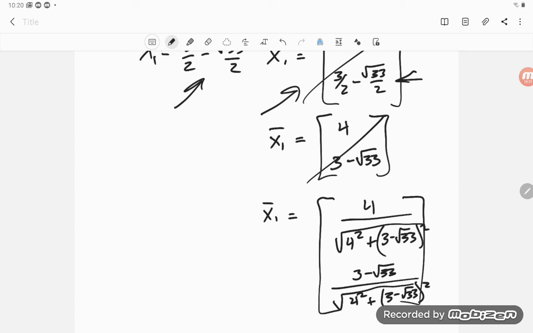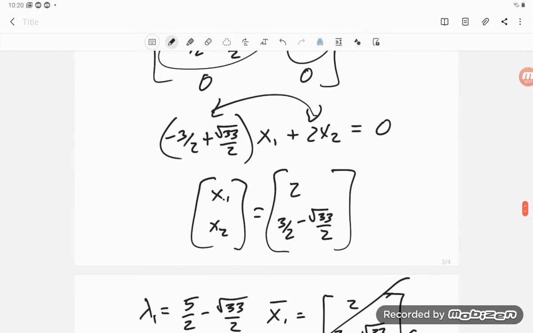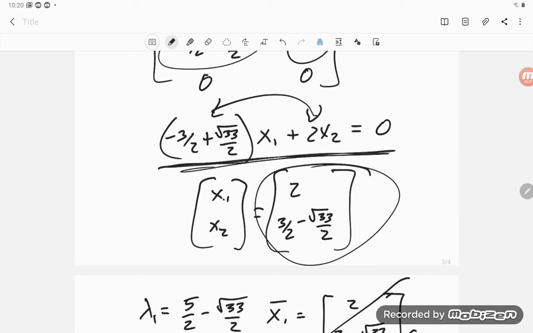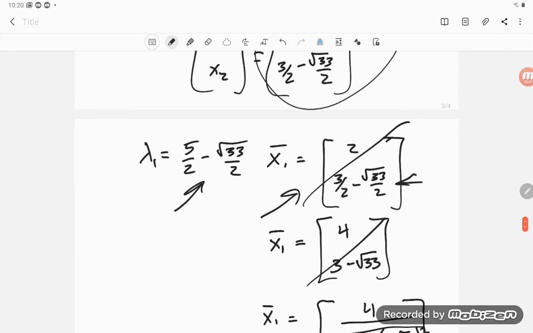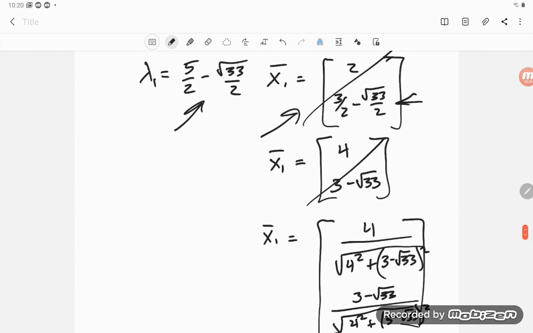Whew. Okay, so any of those eigenvectors will do. It's any vector that satisfies that equation, and we know there are an infinite number of such vectors. Right? Any multiple of that vector will solve that equation. And so I could use any one of these forms as my eigenvector.